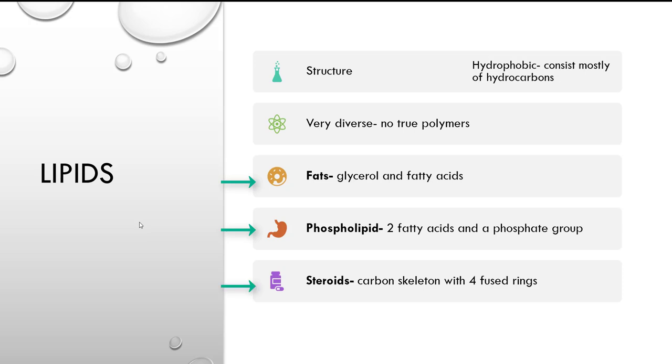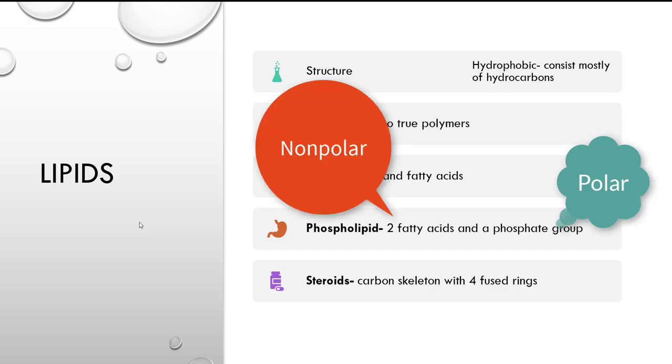The fats are basically made of 2 components. We have a glycerol group and a fatty acid. Again, there's no real monomers. So glycerol and fatty acids make up a fat, which would be the lipid. Phospholipids also have fatty acids like fats, but they also have a phosphate group. What's unique is that the phosphate group is polar, whereas the fatty acids are nonpolar.